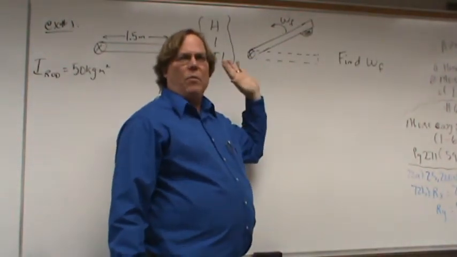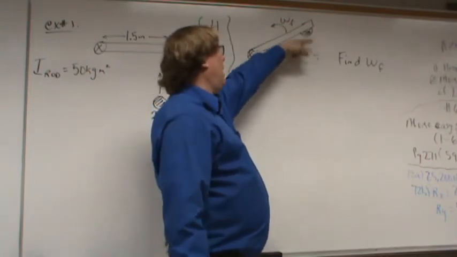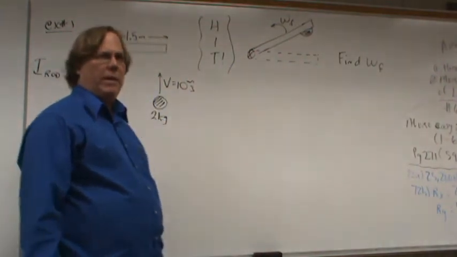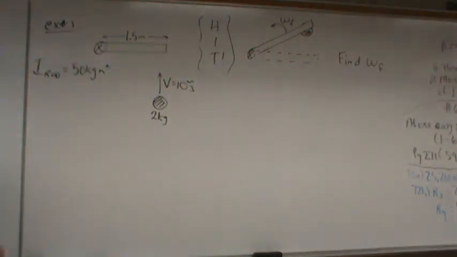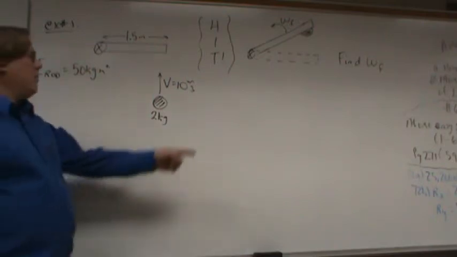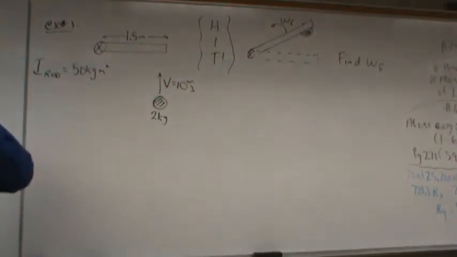I don't get to say momentum equals mass times velocity, because this guy's not moving in a straight line. It's rotating. I don't get to use conservation of angular momentum, because although this guy is rotating, this guy isn't. This guy's moving in a straight line. So how am I going to solve this problem?